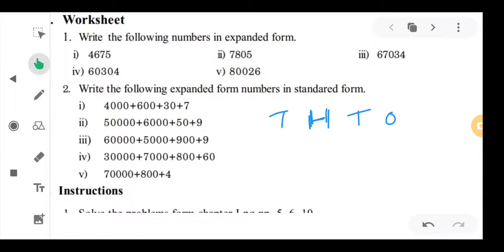Here in this 4,000, after 4 there are 3 zeros, so this is a 4 digit number. So there are 4 places, ones place, tens place, hundreds place, thousands place. So in ones place there is 7, so 7. In tens place 3, in hundreds place 6, in thousands place 4. So this is 4,637. This is the first one.